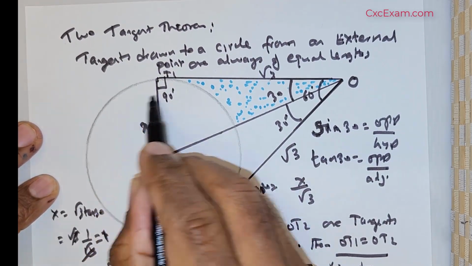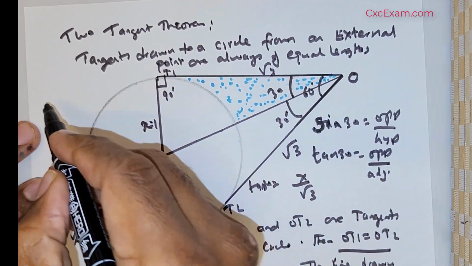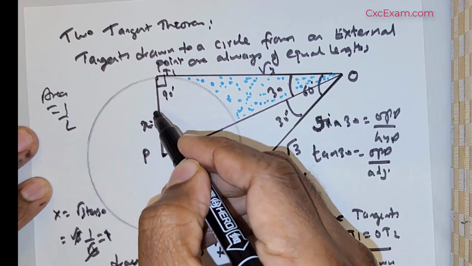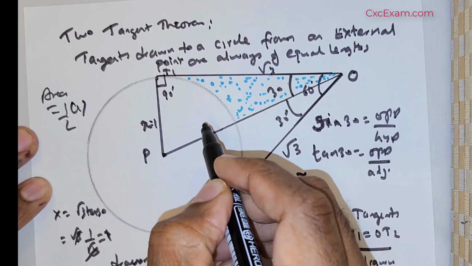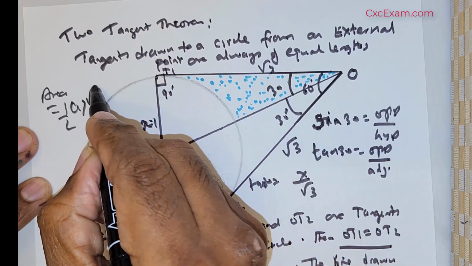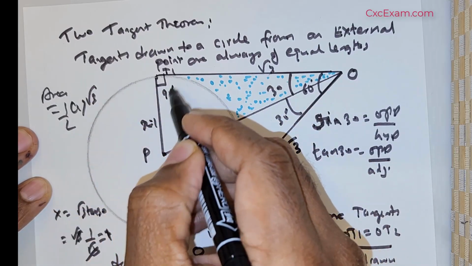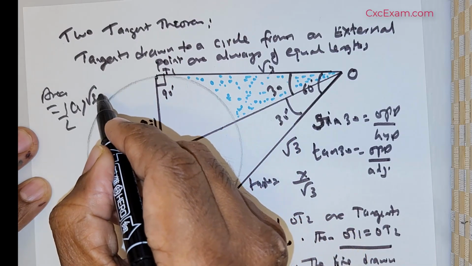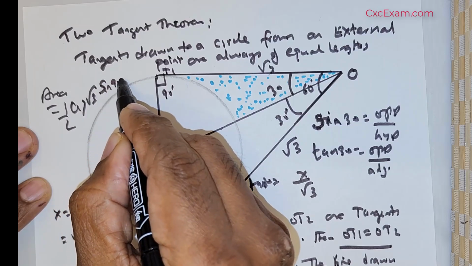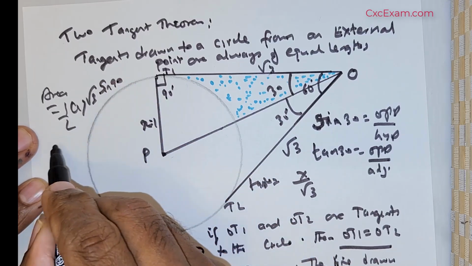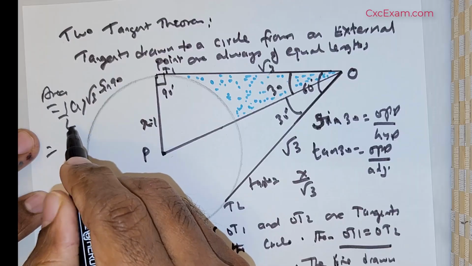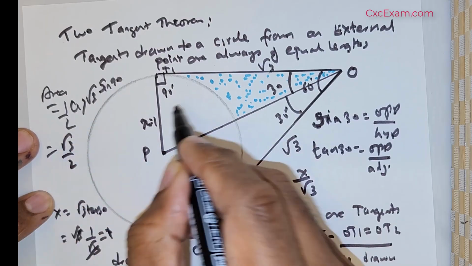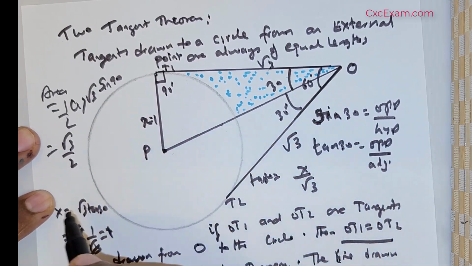So the next is I want to find the area of this triangle. So area is going to be half times this distance 1 multiplied with this distance root of 3 times the sine of the angle between them. That's going to be sine 90, right? So sine 90 is 1, this distance is 1, so it's going to be root of 3 over 2. This is the area of the triangle, in square units.